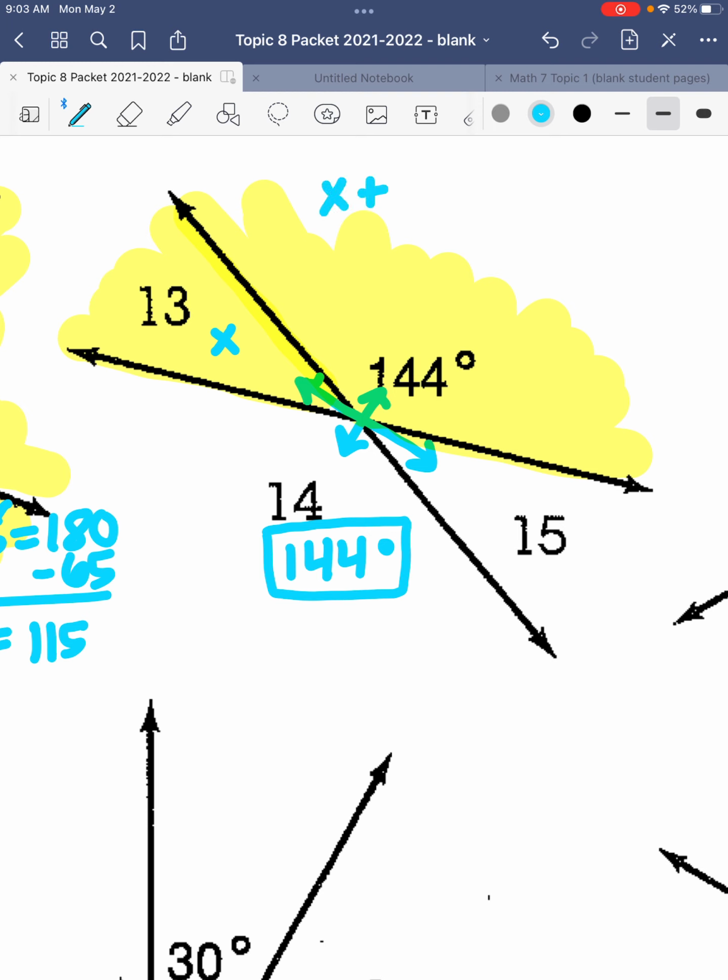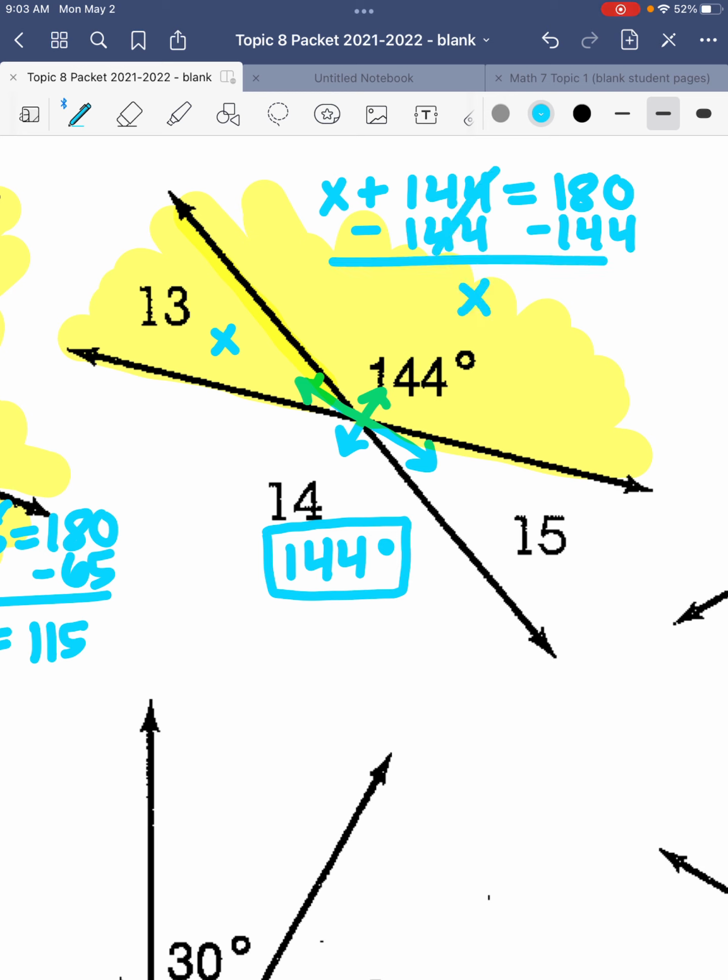So x plus 144 equals 180. To get that x by itself, subtract 144 on both sides. So my x is by itself, and 180 minus 144 is 36. So I know that angle 13 is 36 degrees, and that means that angle 15 is also 36 degrees.